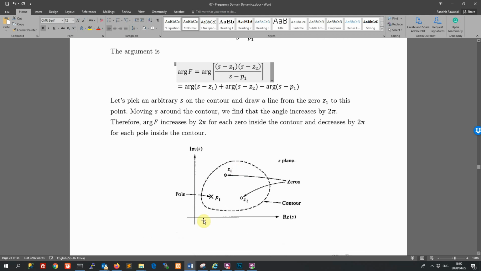So here is an example. We have arbitrarily chosen this region in our S-plane, so imaginary part of S and real part of S, and we've chosen this as the boundary. And so we are going to talk about moving around this boundary. Now let's say it was true that we had these two zeros inside of that boundary and we had this one pole.